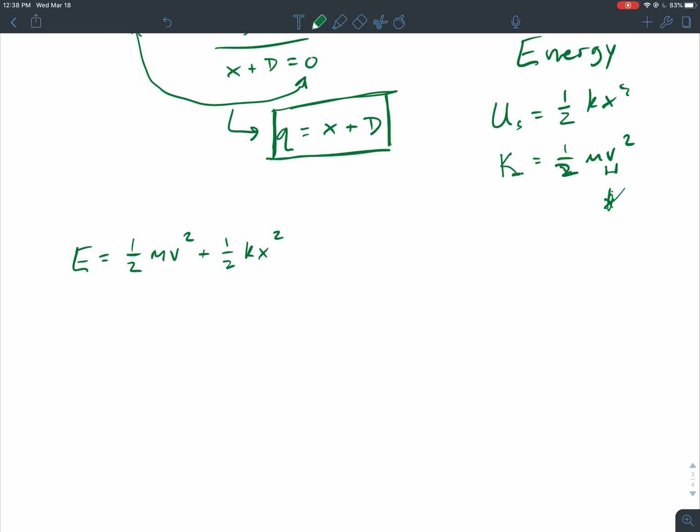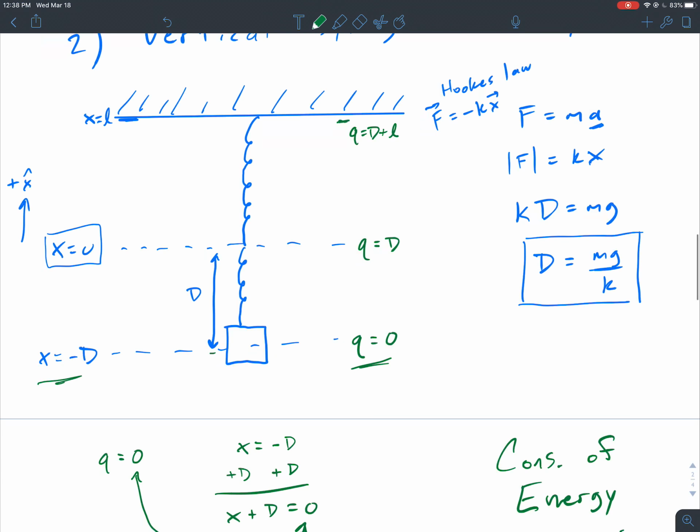Plus, we've got to take gravity into account. Where do you think we should define our potential to be 0? I would say the equilibrium point. So this is our equilibrium point, and here UG equals 0.